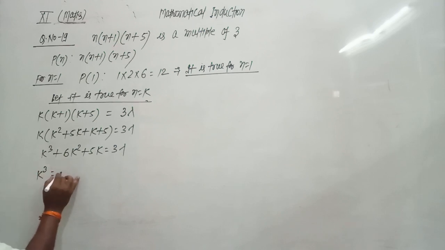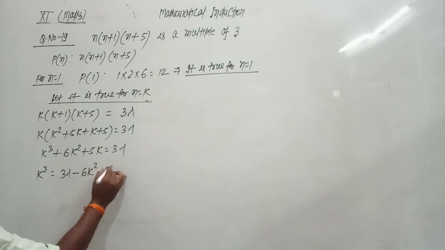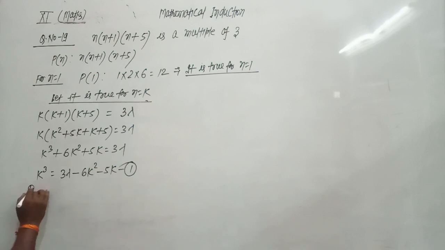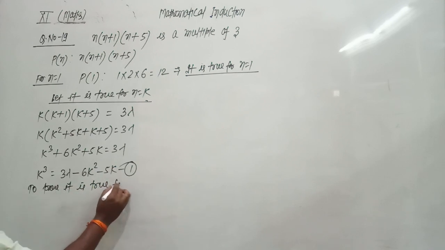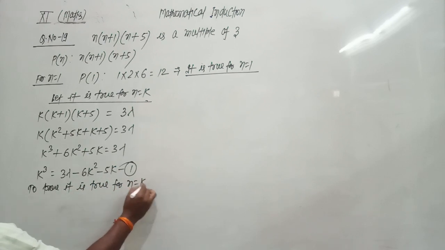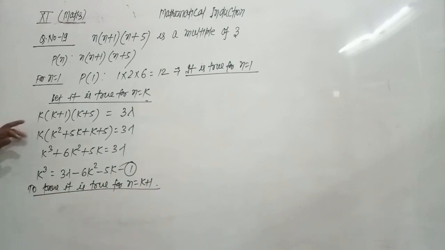So k cube equals to 3 lambda minus 6k square minus 5k. Name it first equation. Then to prove it is true for n equals to k plus 1, we replace k by k plus 1.